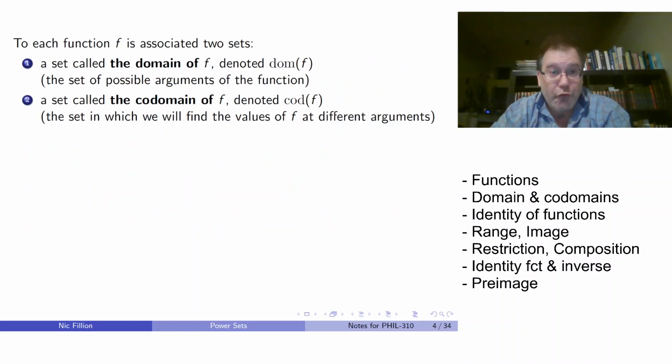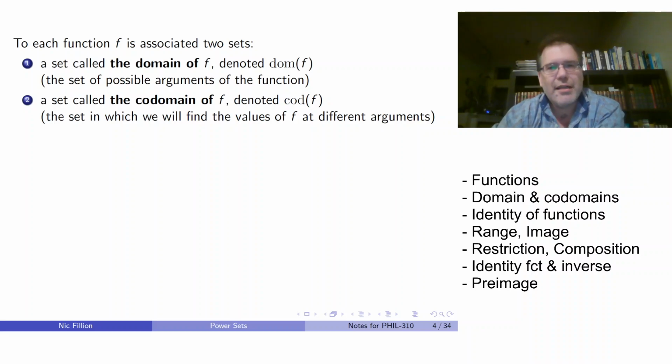Now, for each function that we are going to be considering, there's going to be two sets that are associated with it. A first set, which is the set of possible arguments of the function, and that set is called the domain of the function, and it's denoted dom, and between parentheses f, to say the domain of f.